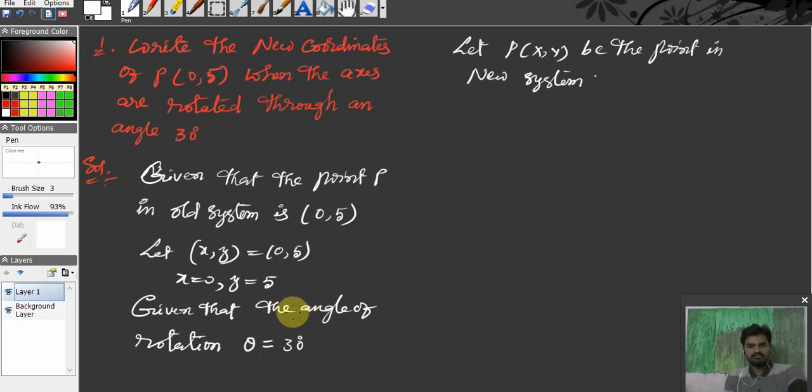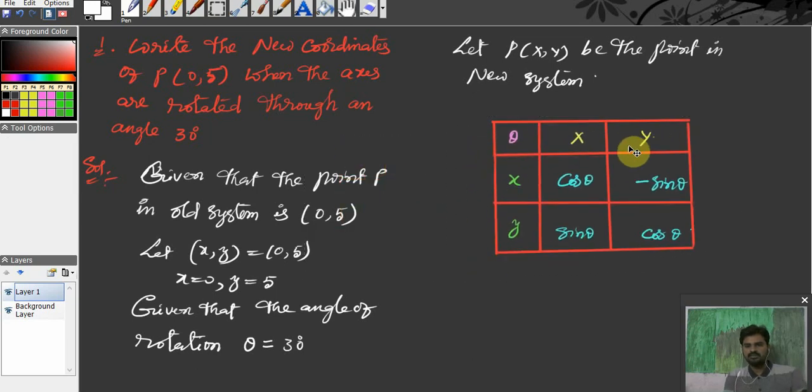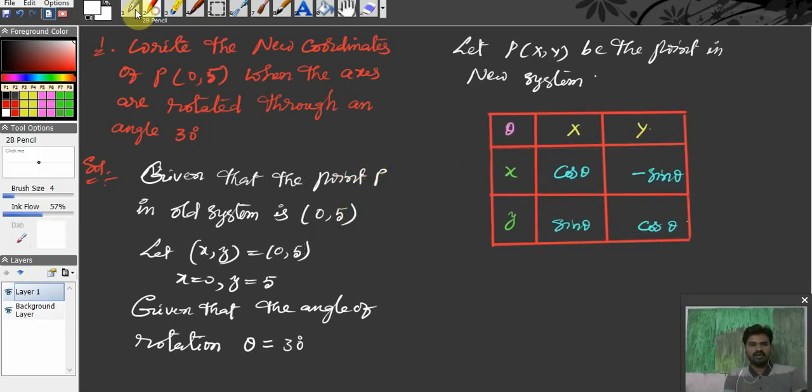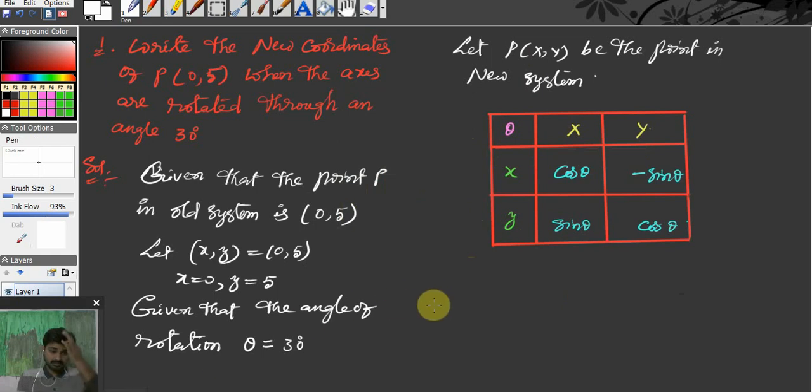Now when you know that this is rotation of axis, you have to remember the table. Okay, this is the table. So you can write this table again. You are going to find out the capital X and capital Y. To find capital X, capital X is equal to x cos theta plus y sin theta.